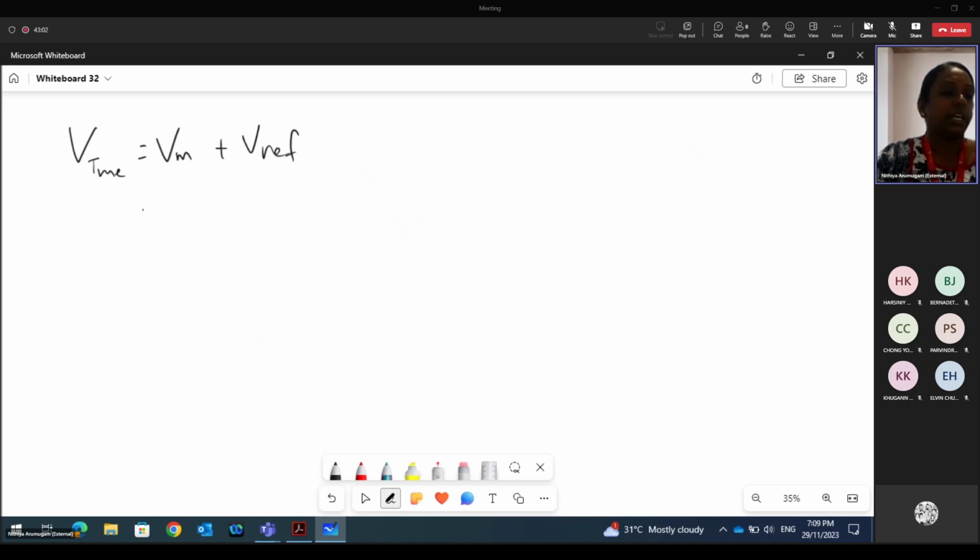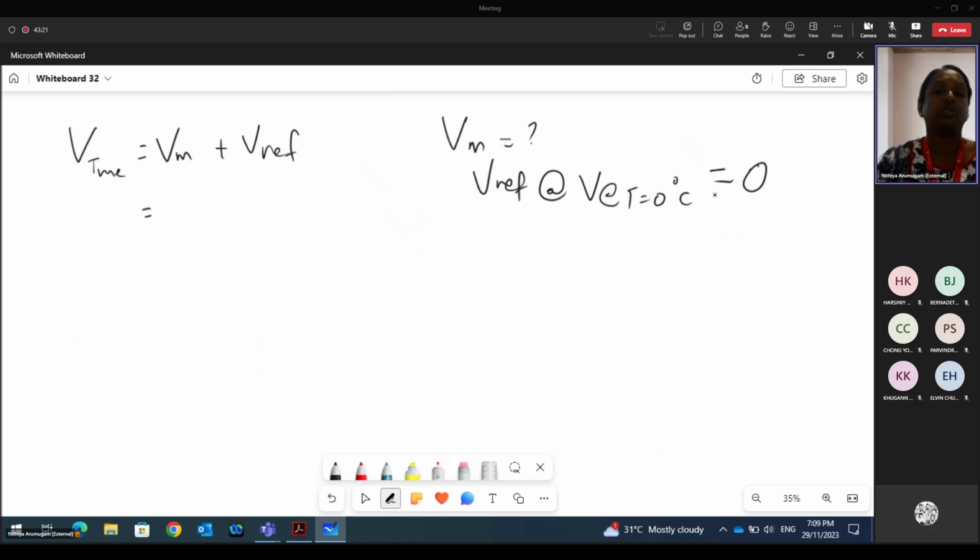Here the Vm we don't know, but V reference is V at T equals 0 degrees Celsius, which is also equal to 0. So V true is Vm plus 0. So technically the V true becomes Vm.